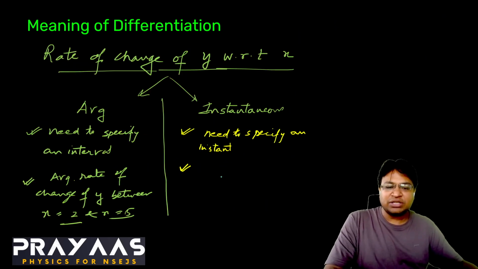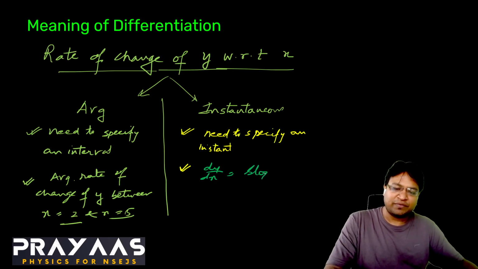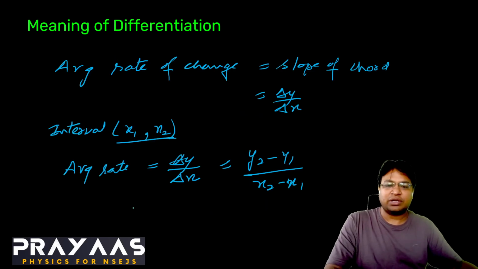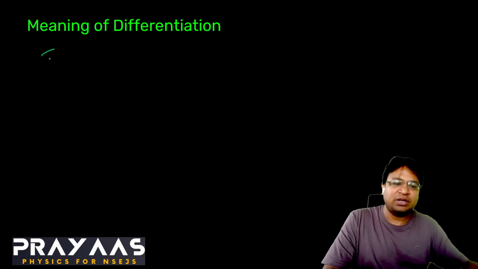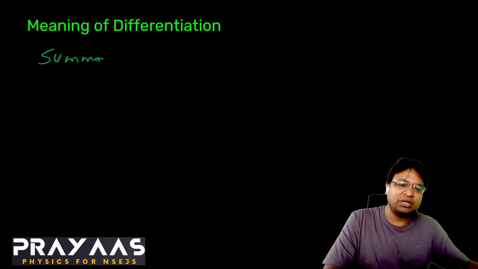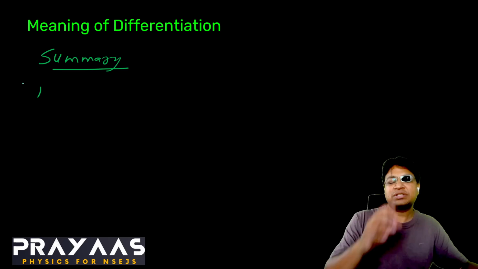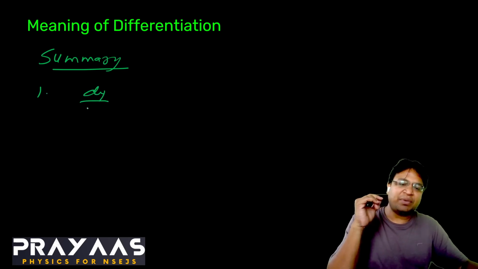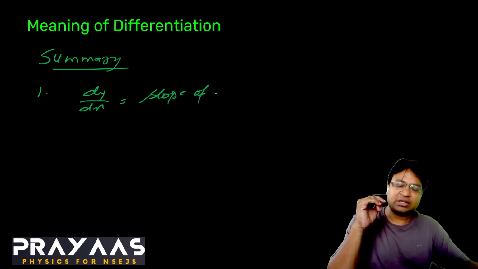So, what is the summary here? This is dy by dx, which equals the slope of tangent. What is the summary that you need to learn, regarding the meaning of differentiation? First, dy by dx gives you the slope of tangent at a graph.